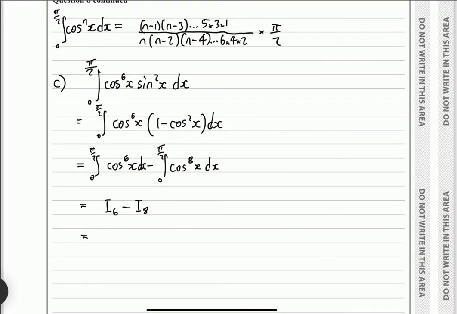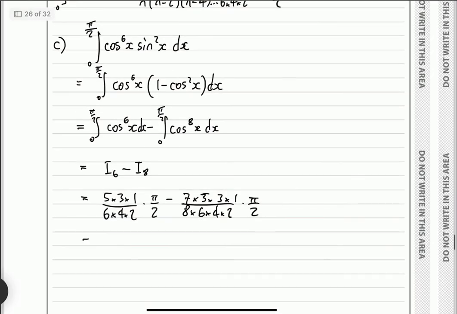So 6 is 5 times 3 times 1 over 6 times 4 times 2 times pi by 2, minus 7 times 5 times 3 times 1 over 8 times 6 times 4 times 2 times pi by 2. Putting all of that on a calculator gives me 5 pi by 256.